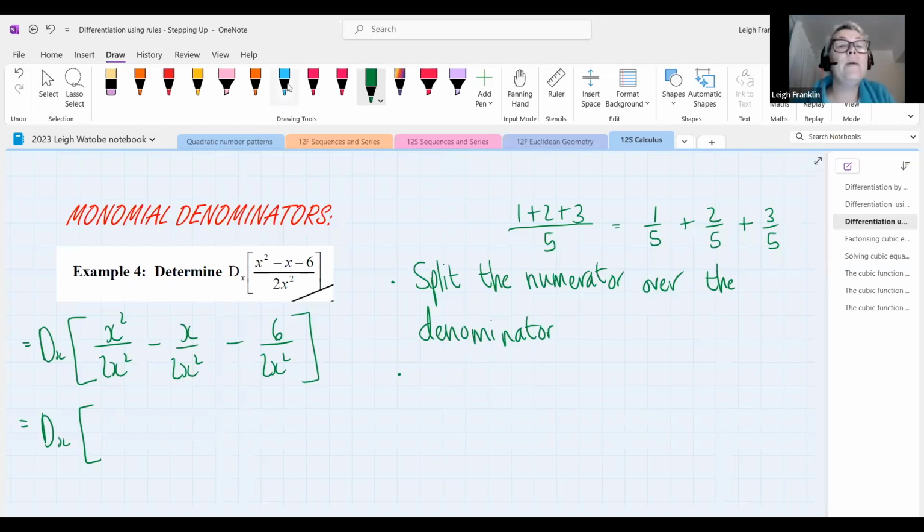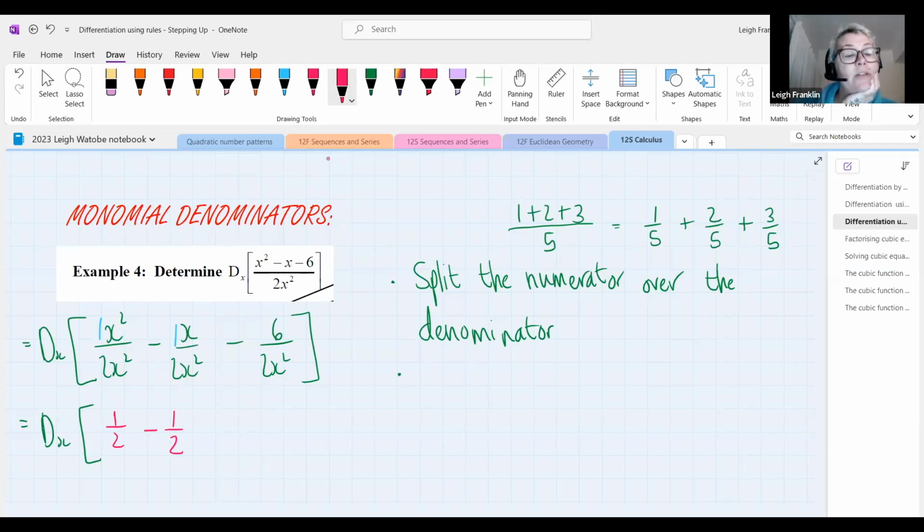So remember, at the top, there's an invisible 1 there. There's an invisible 1 over there as well. So I'm going to write that as 1 over 2 because x squared divided by x squared is 1. So it's just 1 over 2. Then second one, I've got my half separated.